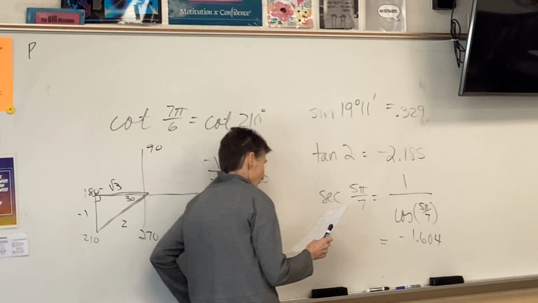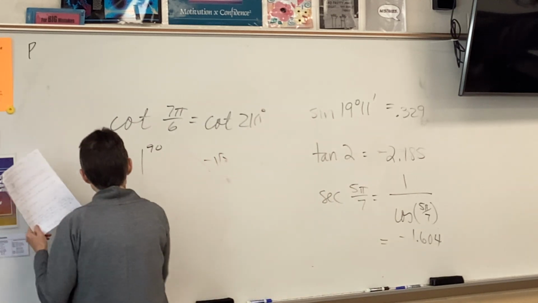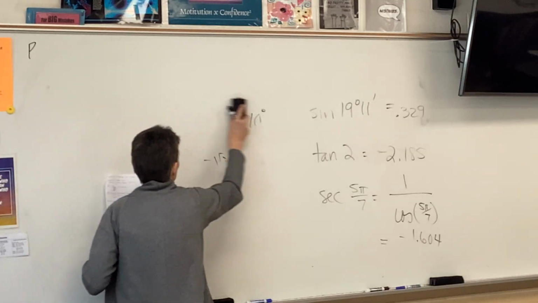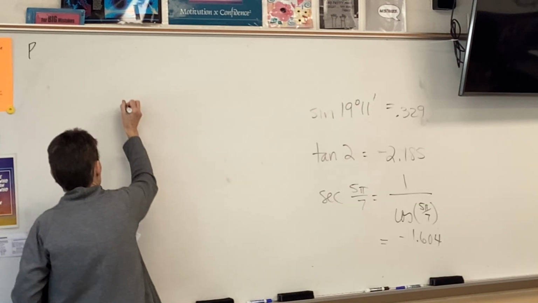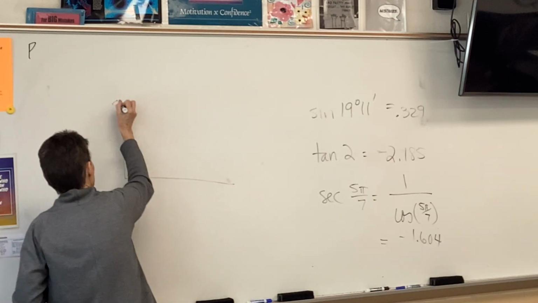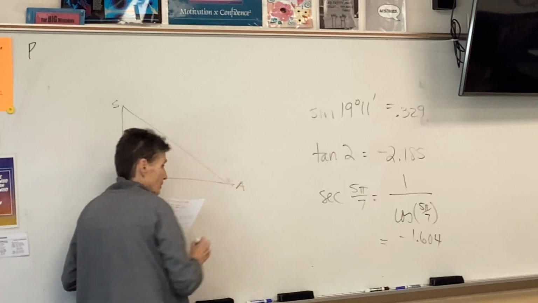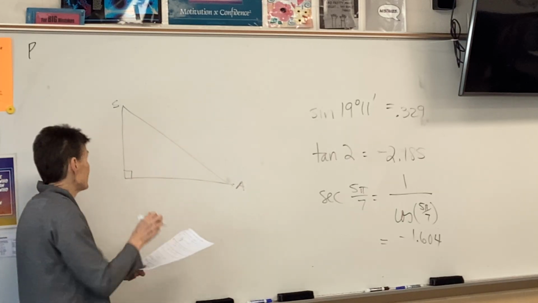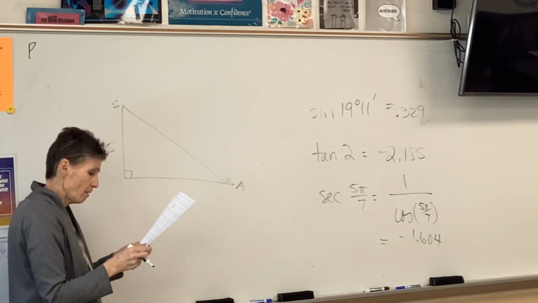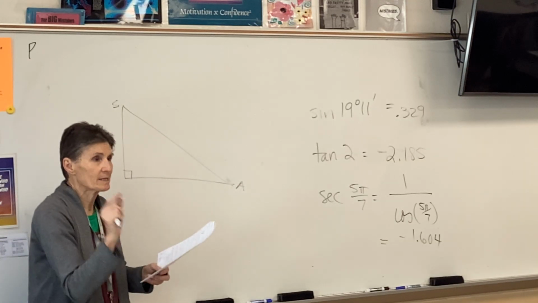Okay. Now we got a squirrel sitting in a tree, spotting an acorn on the ground. Alright, so here we go. Here's the tree, here's the squirrel, here's the acorn, looking at the acorn. The tree is 15 meters tall. The squirrel's angle of depression is 19.